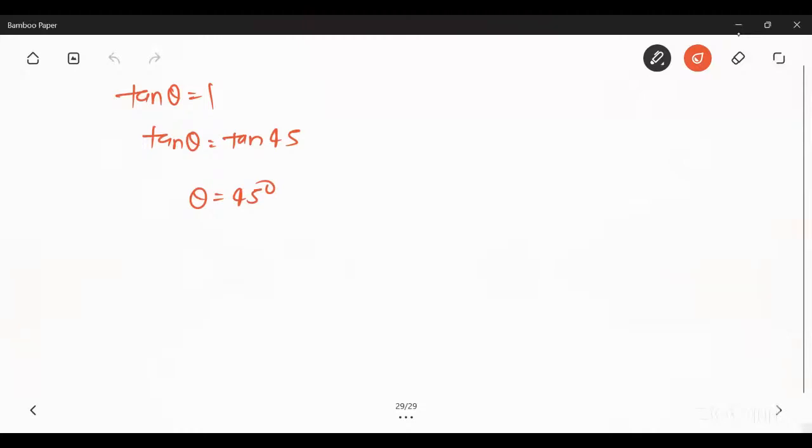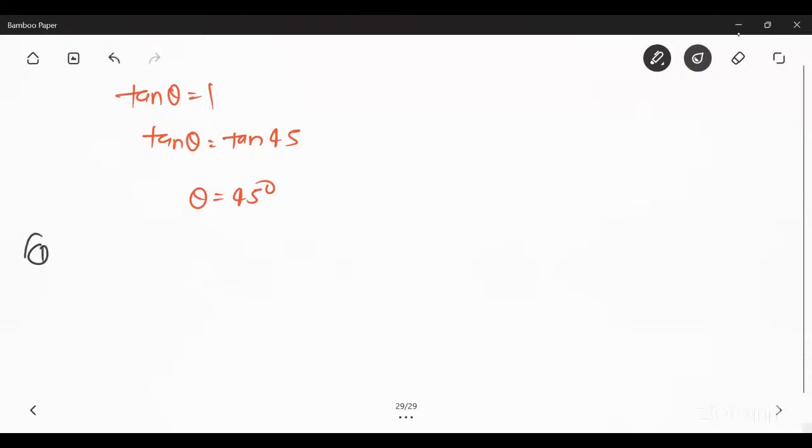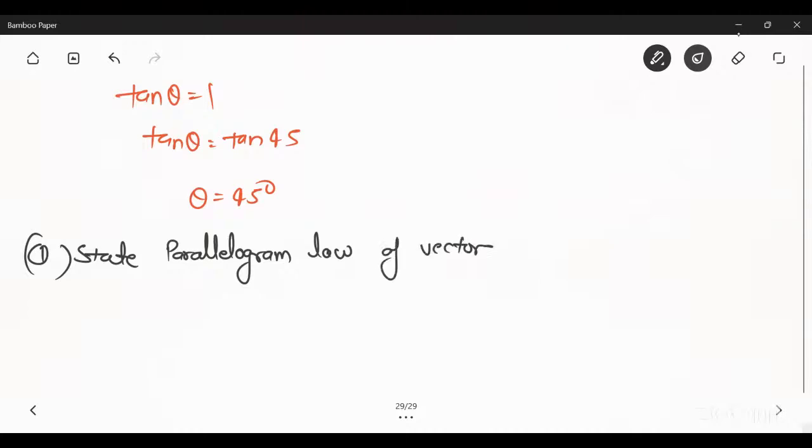Now next is your long answer type question. State the parallelogram law of vectors.